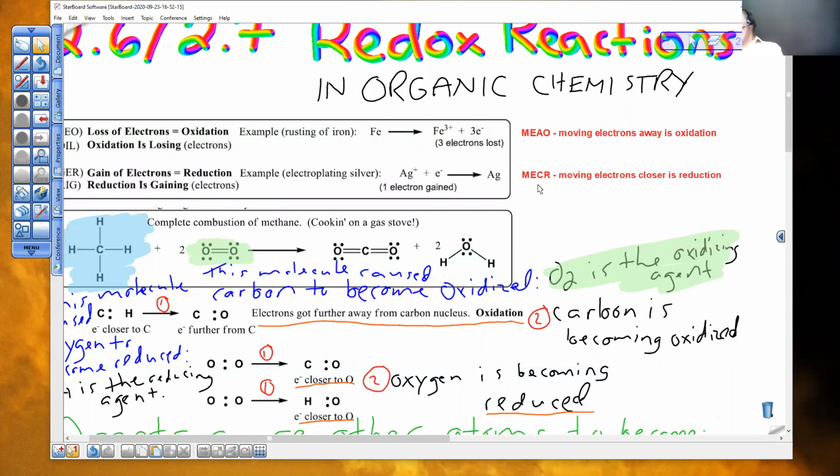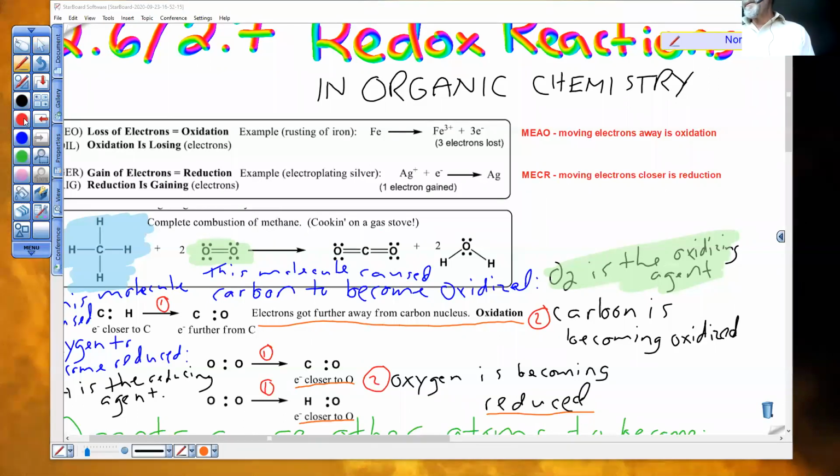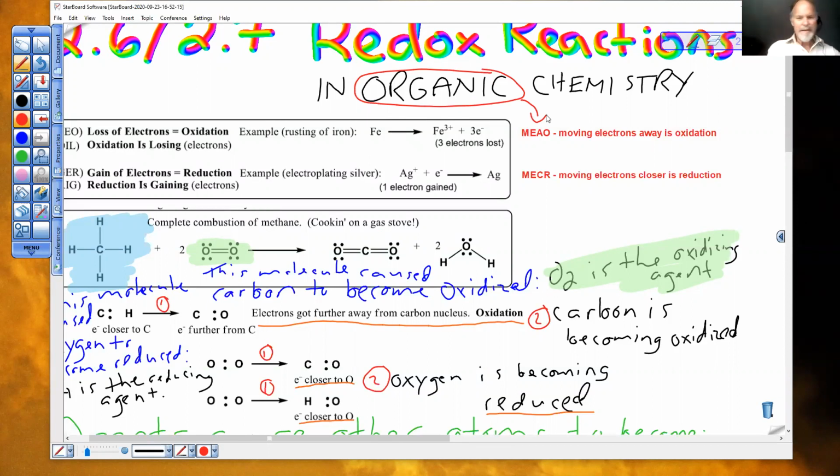And there's an Arabic word that relates to somebody being sneaky or a tricky person, makar. It doesn't look at all like that, but you can, in your imagination, use a homonym. Moving electrons closer is reduction. Those are our new memory tricks for organic chemistry. We need new definitions, and we got to use these because that's the best we're going to do.